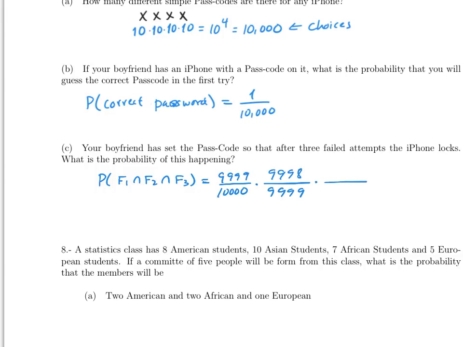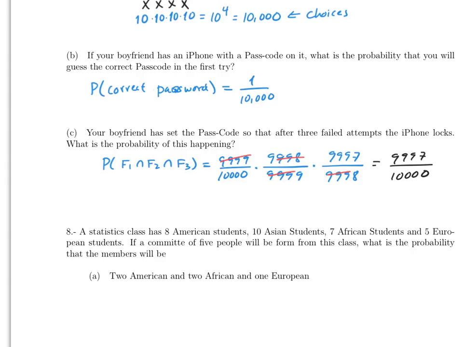And if you fail twice, then you have these many choices now and these many chances of getting it right. In this case, all of this cancels, so you end up with 9997 over 10,000. So that's the probability that the iPhone will lag, which means you have to fail 3 consecutive times.